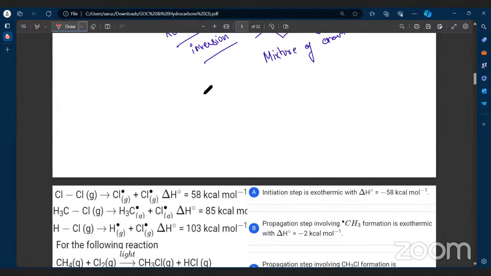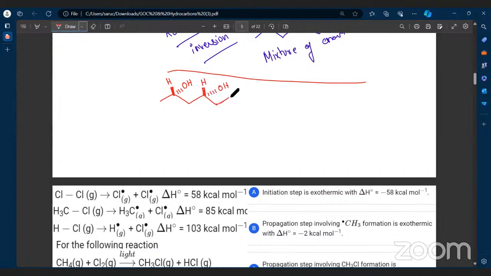Now I'll give you a small thing to practice. Find out whether they are enantiomers or diastereomers. I have a hydrogen over here, OH, and here I have again a hydrogen and OH.